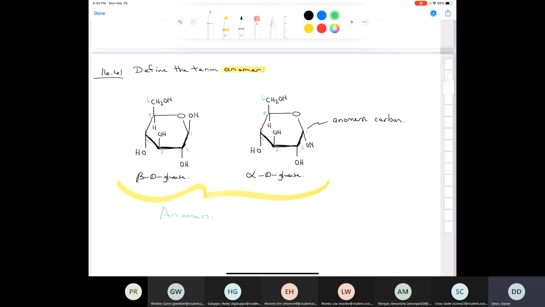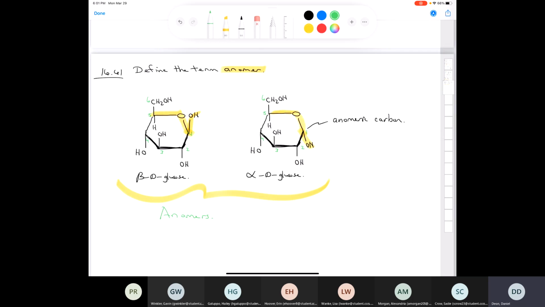Now the way that your solutions manual describes it, it says anomers are isomers that differ in the arrangement of the bonds around the hemiacetal carbon. I think that's even more complicated than you need. Now you should know that this carbon, carbon number 1, the anomeric carbon, is part of a hemiacetal. It goes hydroxyl, and then we have an ether on this side.